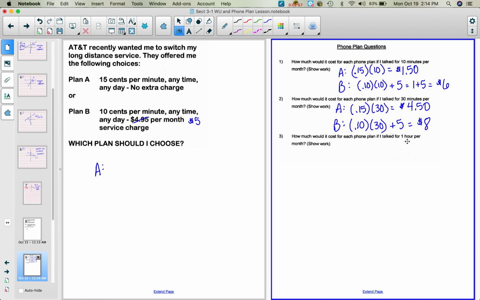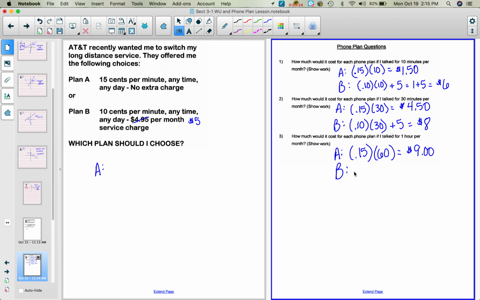So how much would it cost if I talked for 1 hour a month? For Plan A, it's 15 cents a minute, but I'm talking for an hour, so you'd have to multiply by 60. If you multiply 15 cents by 60, you're going to get $9. You can use your calculator, or I noticed that 30 minutes, that's just going to double that.